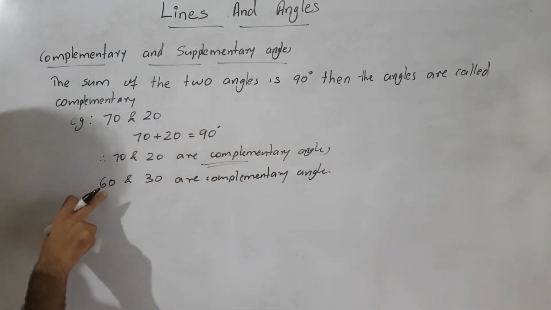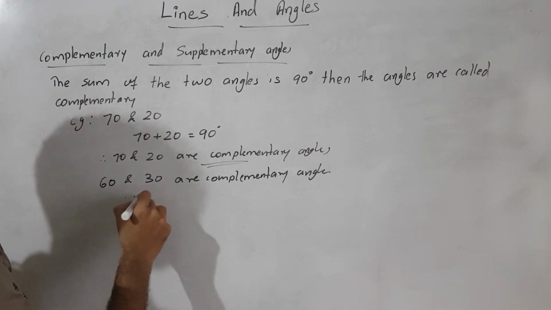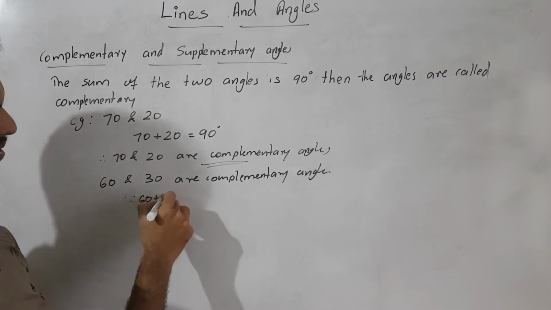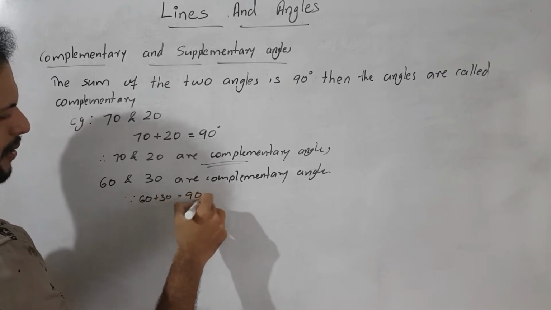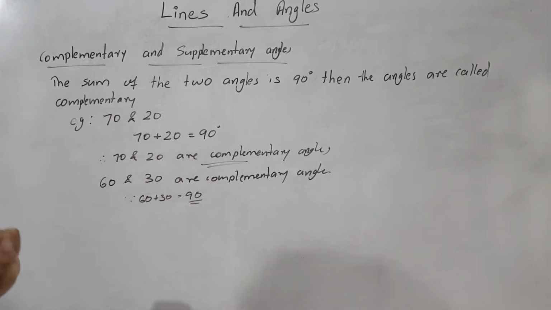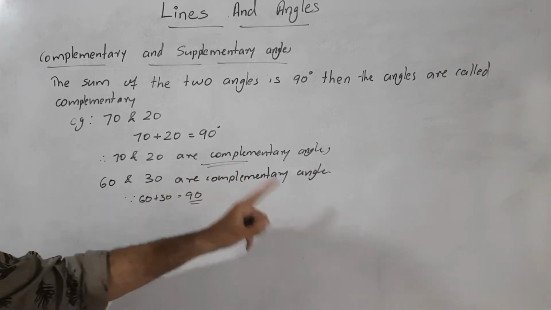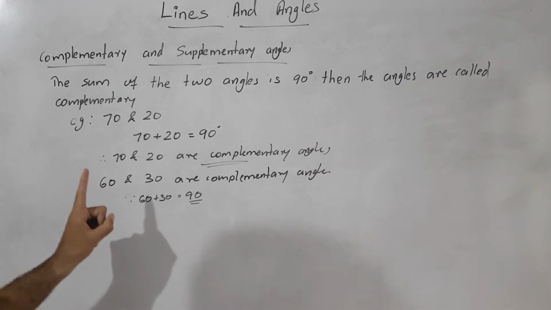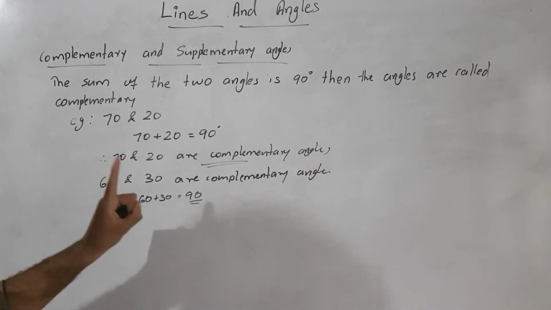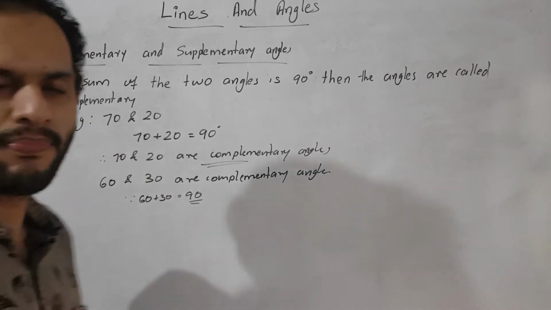Because 60 plus 30 is equal to 90, correct? 60 plus 30 is 90 degrees, then we conclude they are complementary. Then what do we call 60? 60 is the complement of 30 and 30 is the complement of 60.